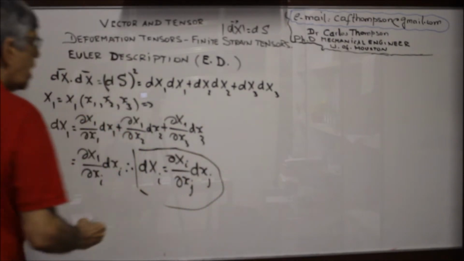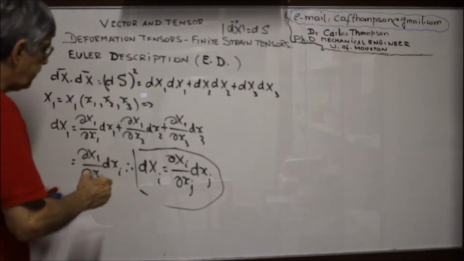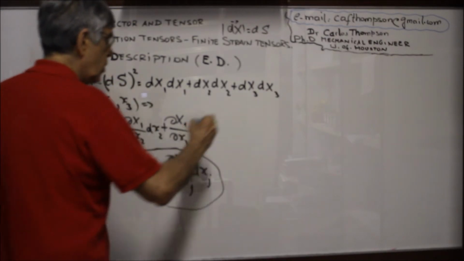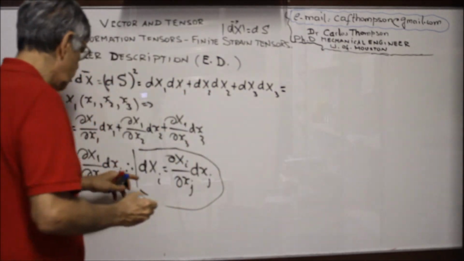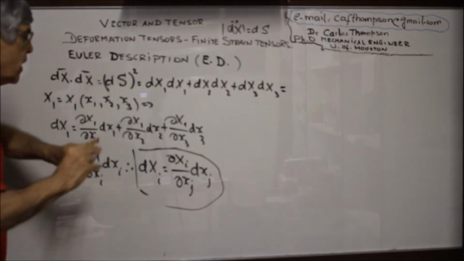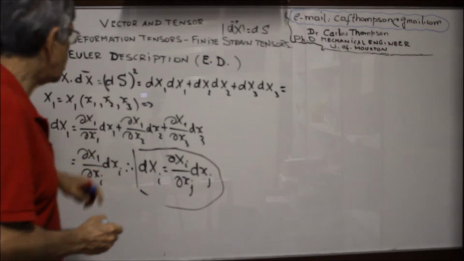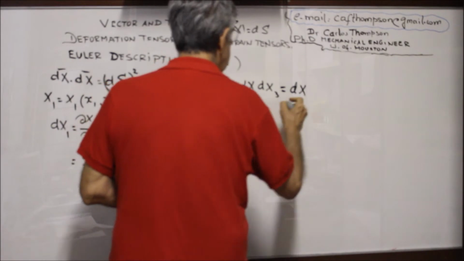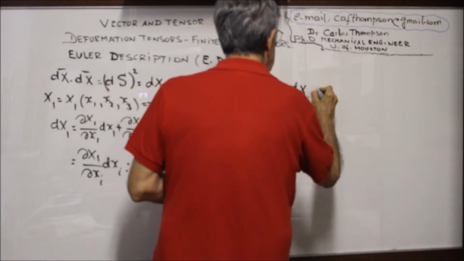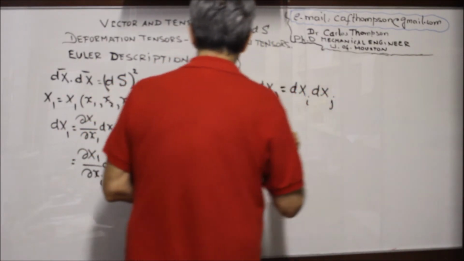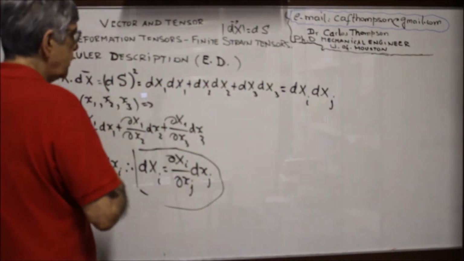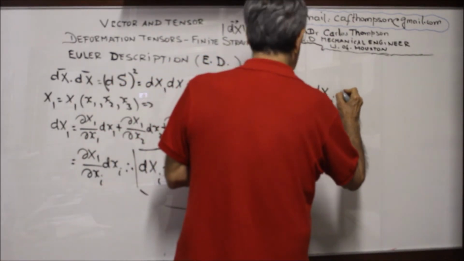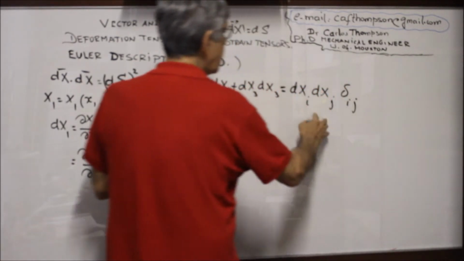Now ds squared. It's dx1 dx1, so this will be easy to follow, the same as we did before. This will be dxi dxj. Now dxi dxj, I will put here delta ij, the same.